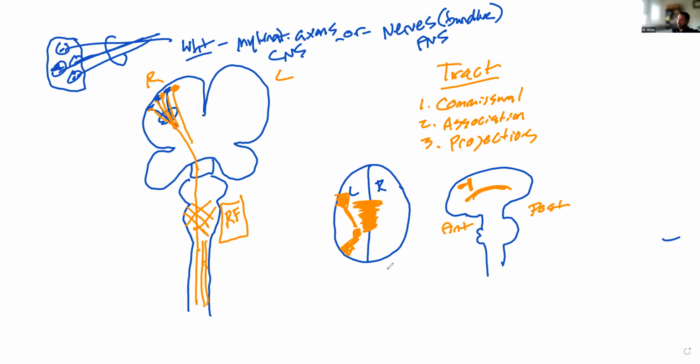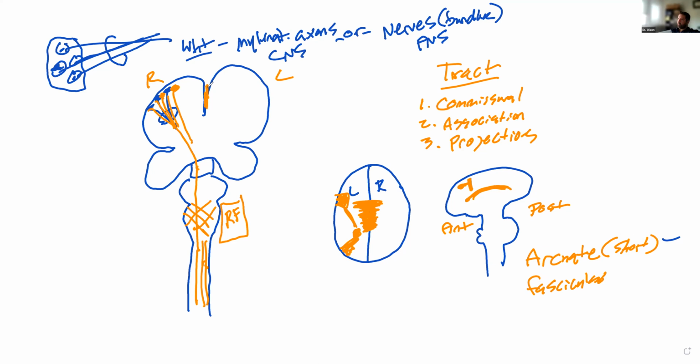And we have some examples of this. We talked about the arcuate fasciculus. Arcuate fasciculus was communicating between Broca's and Wernicke's area, our language centers. Arcuate itself is referencing a short fiber, and a fasciculus is kind of like the longitudinal fasciculus, right?